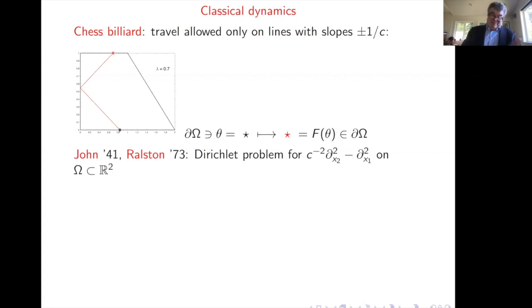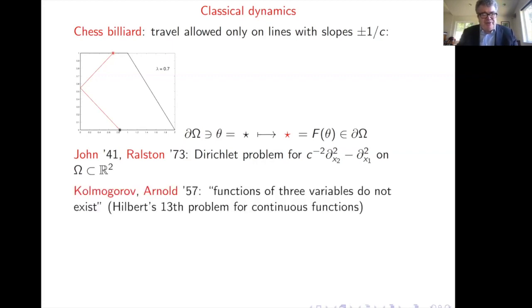So it's natural why this appears there, I think. And then Ralston studied the same thing, motivated by the problem of rotating fluids rather than internal waves, but the same equation was modeling that.